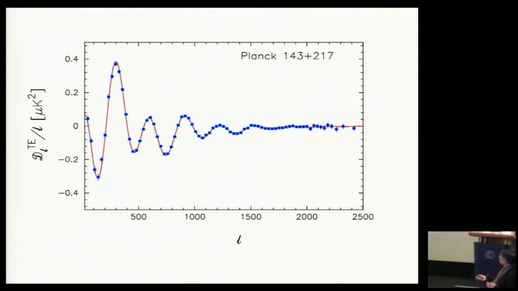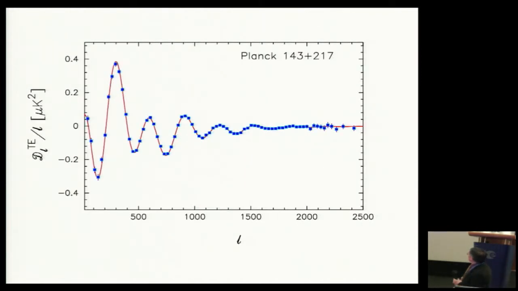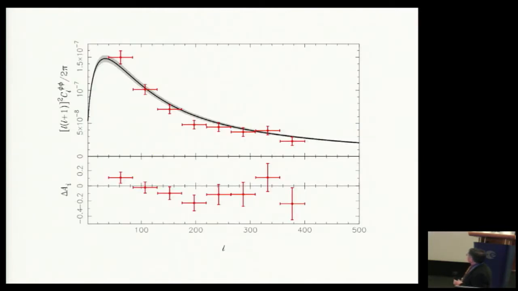The important point here, and the scientific point that we can demonstrate with this, is that there's no correction at all for unresolved foregrounds. Whereas unresolved foregrounds are important at high multipoles in TT, they've been completely neglected here. And so that gives us added confidence that the parameters of the underlying cosmology, the best fit cosmology, are not far wrong.